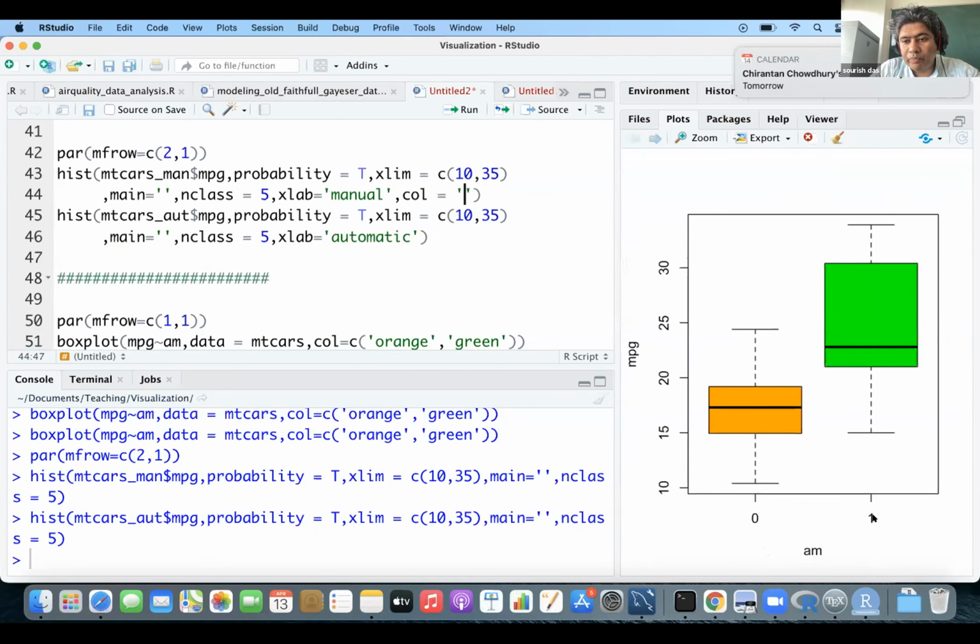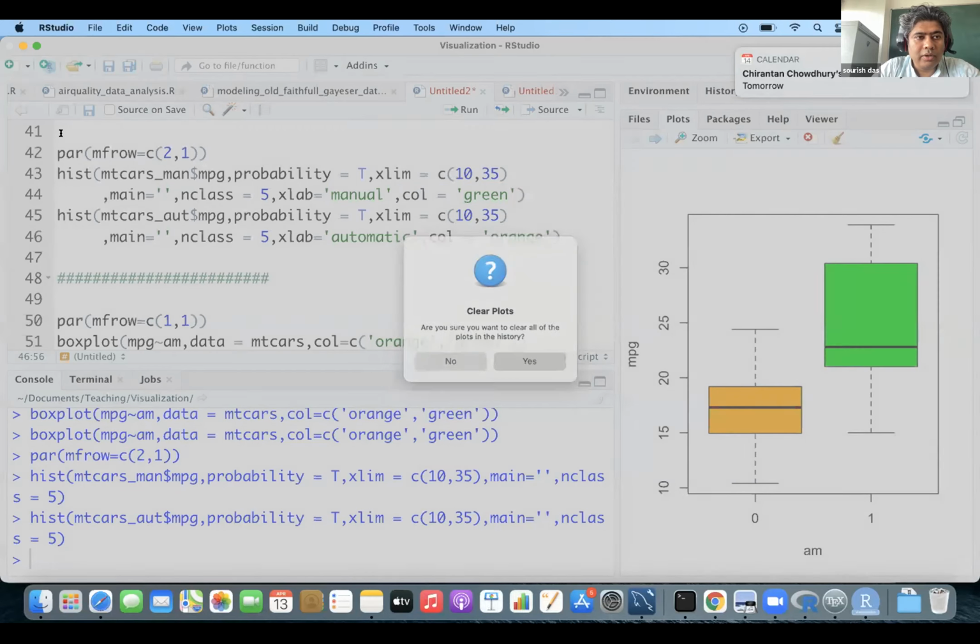So for manual we used green, so it's green, and for automatic we used orange. Okay, so let us draw this.